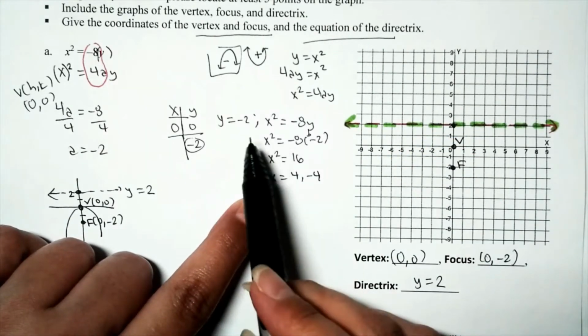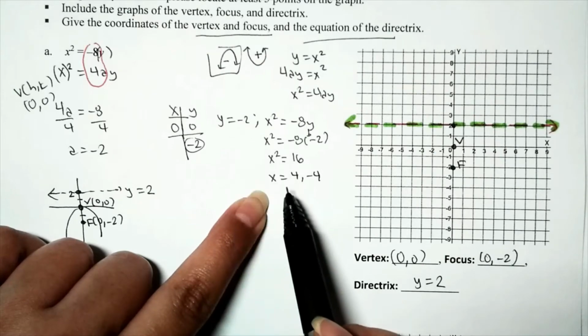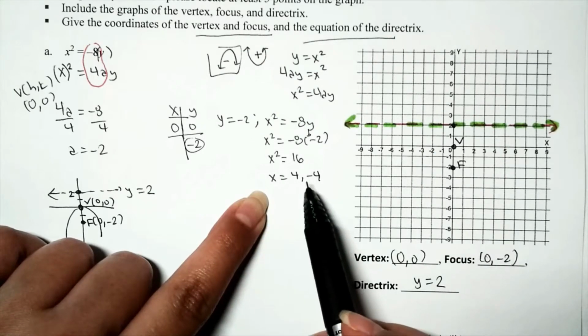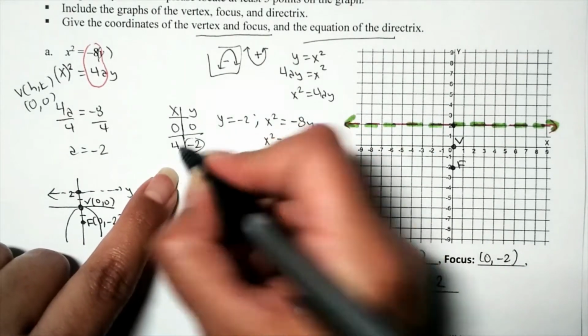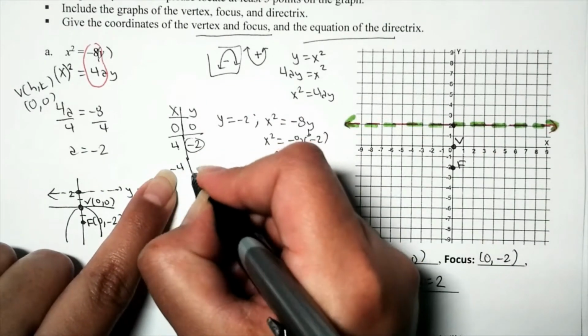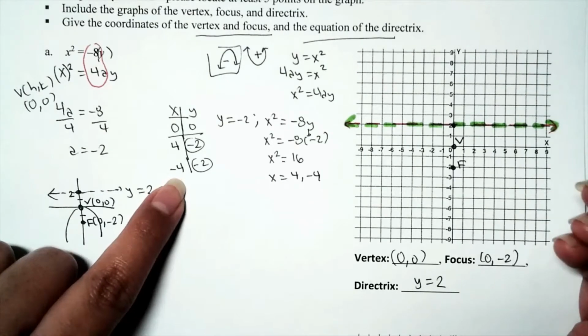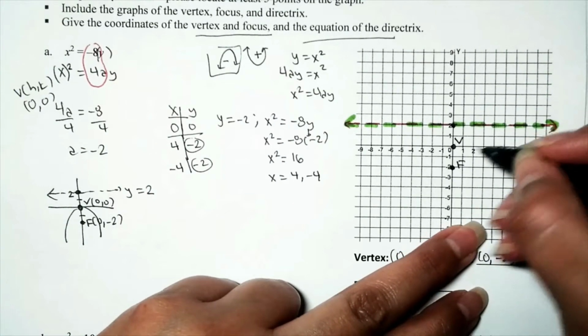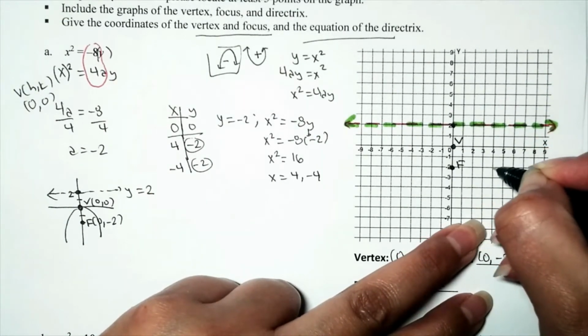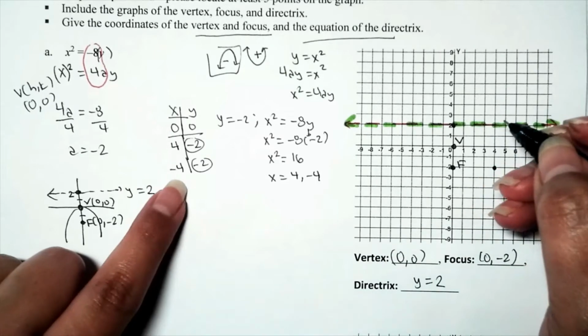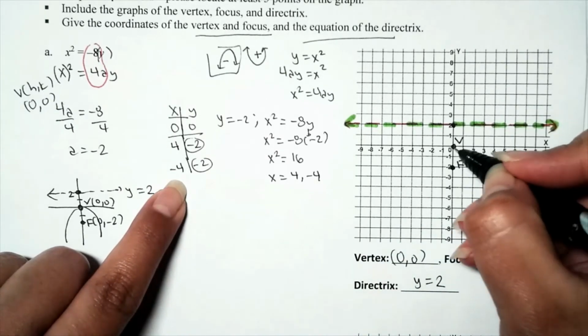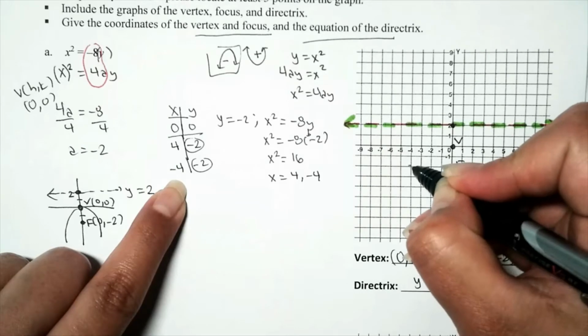So when y equals -2, we're going to have two possible x values, the first one being +4 and the other one being -4. Okay, so let's go ahead and graph them. So we have (4, -2), so from the origin, 4 right and 2 down. The other point, (-4, -2), from the origin, 4 left and down 2.